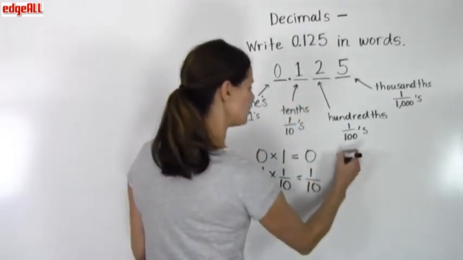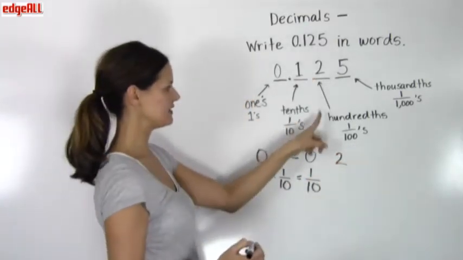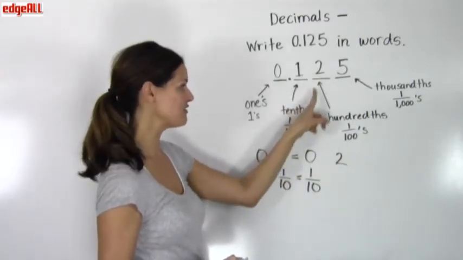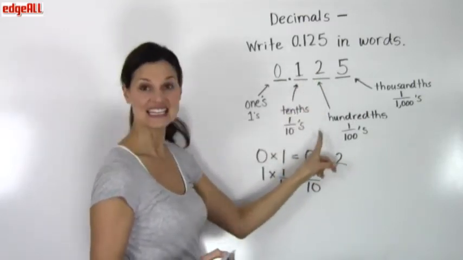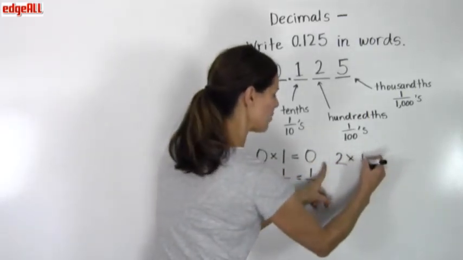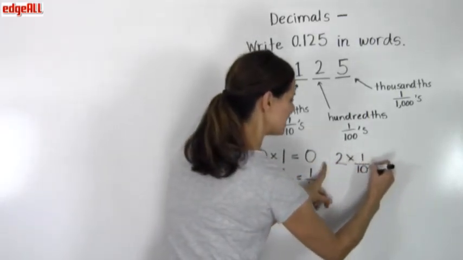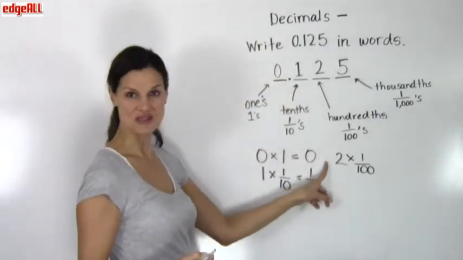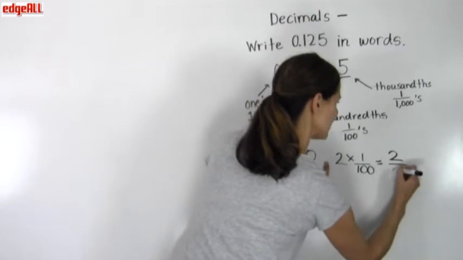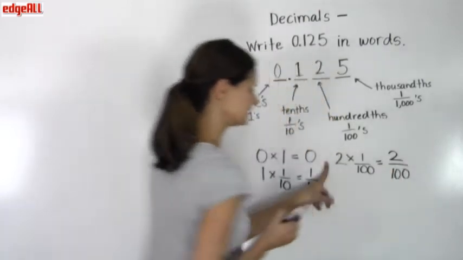My 2 is in the hundredths place. To find the value of the 2, I multiply my 2 by 1 over 100, and my value then is 2/100ths.